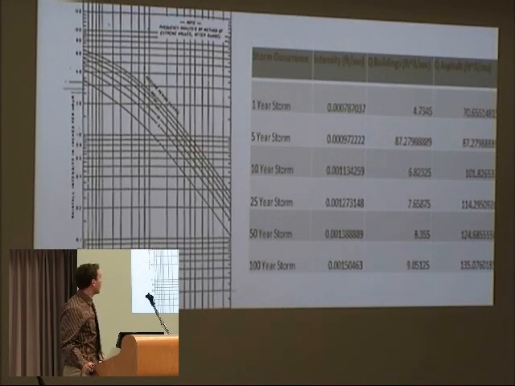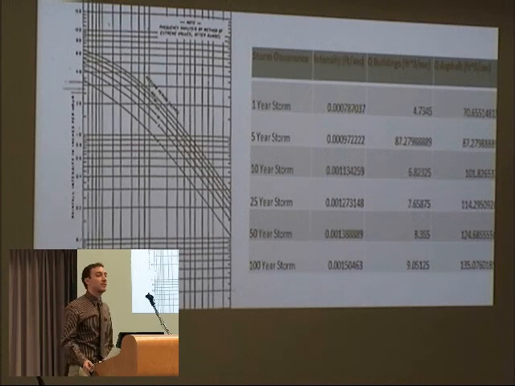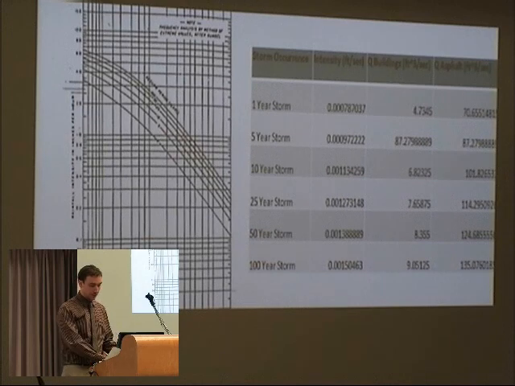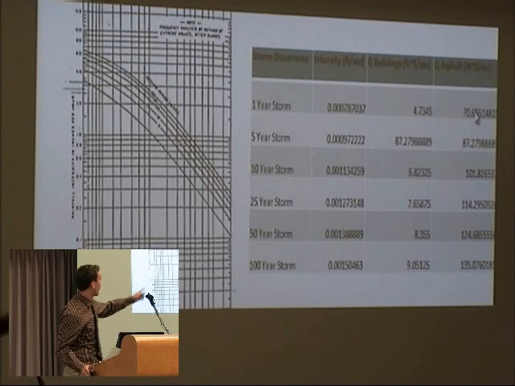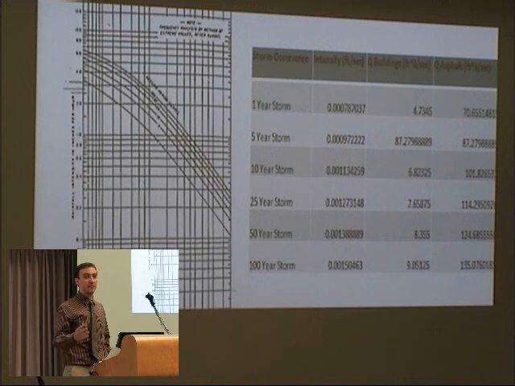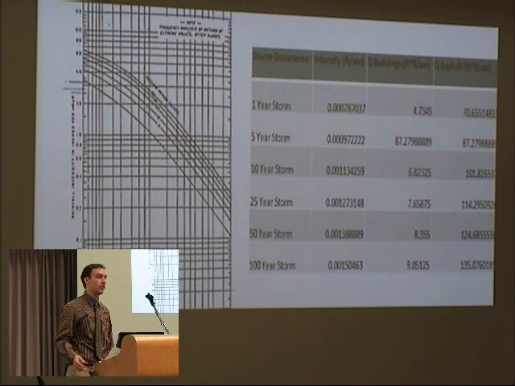Based on the IDF curve from Providence, we were able to determine the intensities for which we would have to treat the runoff of the rainwater. These on the right side are the values that are going to be flowing into our dry swale, as Ashley mentioned, through catch basins and a 12-inch conveyance piping.